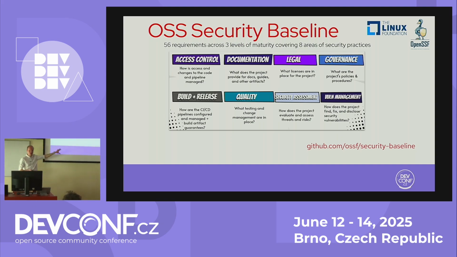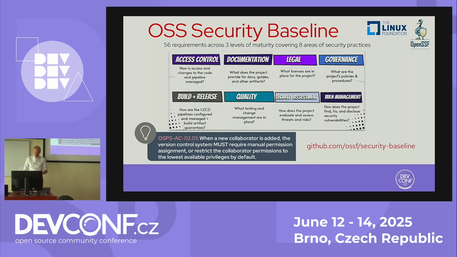Think about access controls to your repo, good documentation. Legal is always important, like licensing. Governance, quality. They all make sense for healthy, normal projects. They are not really tied to any specific compliance.